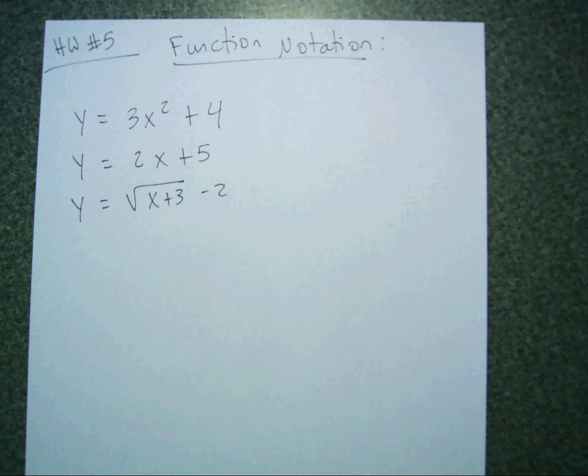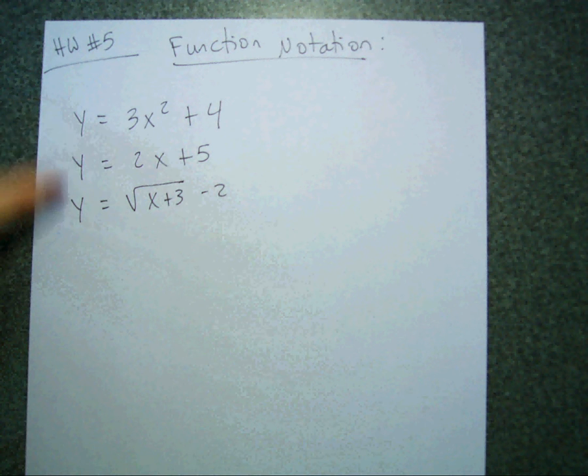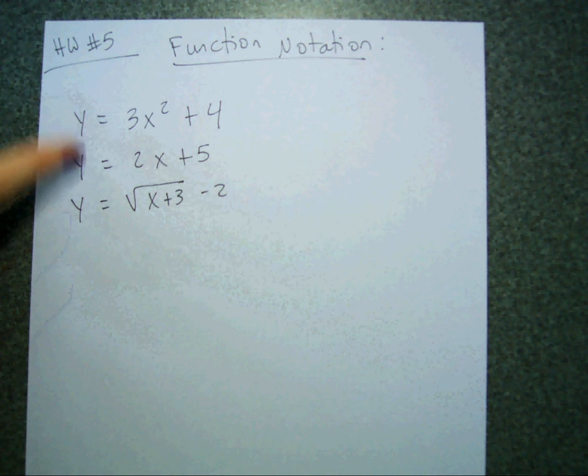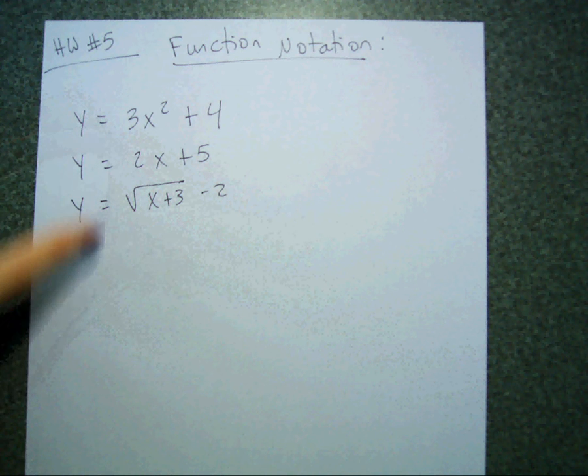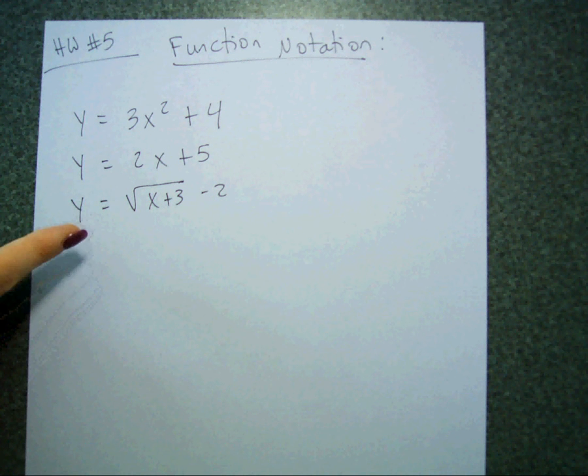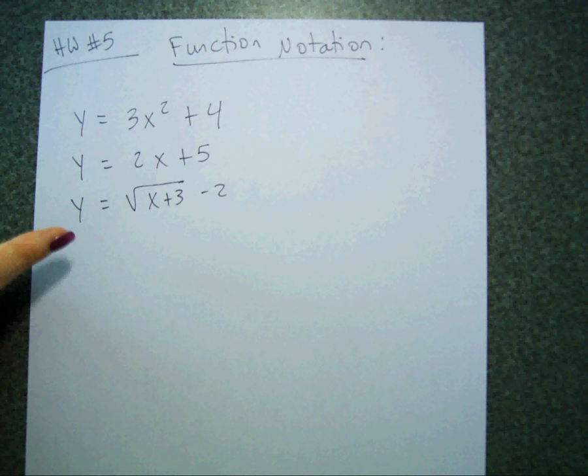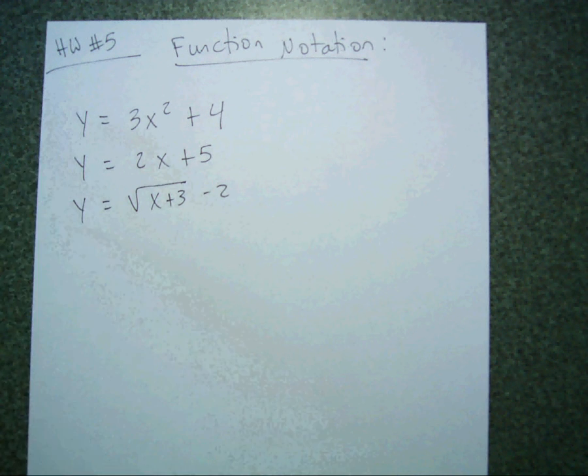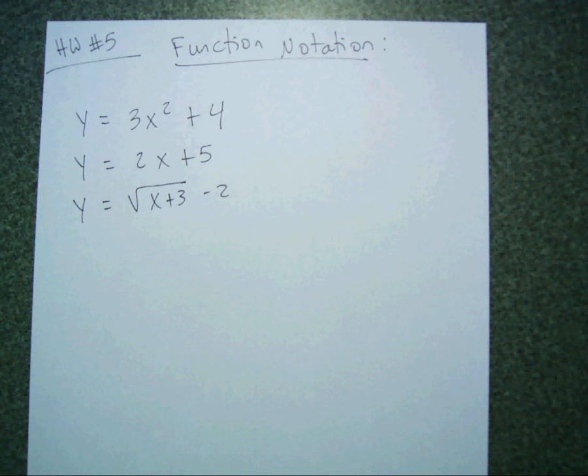You're going to think I am dealing with some crazy system, or I have to plug in 7 for every single value. So having them all equal to y, there's really no clarity when I tell you to plug in a value. So function notation gives me a way, an outlet, to actually name all of my functions. So if I tell you to plug in a value, you'll know exactly what function I'm talking about.